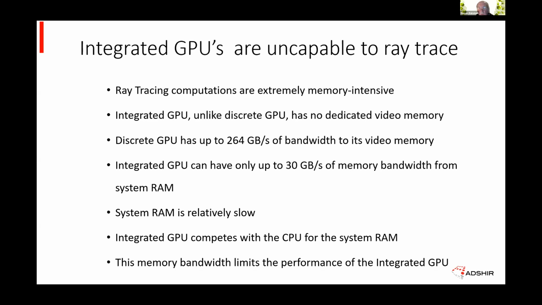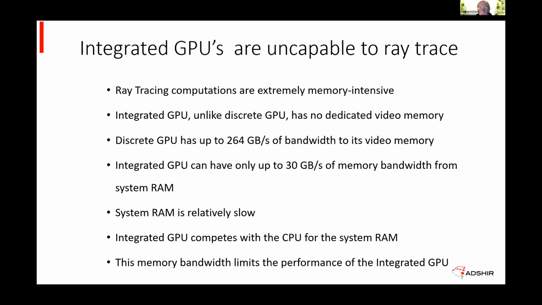If a discrete GPU, the big GPU, has a big bandwidth, about 264 gigabytes per second, to its own video memory, an integrated GPU can only have about 10% of the memory bandwidth, and the RAM, the memory, is shared with the CPU.